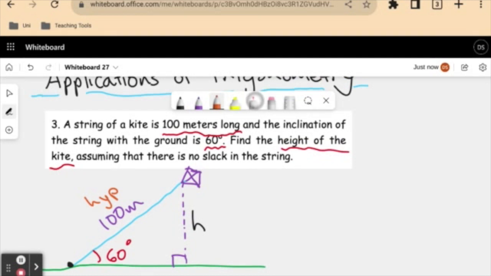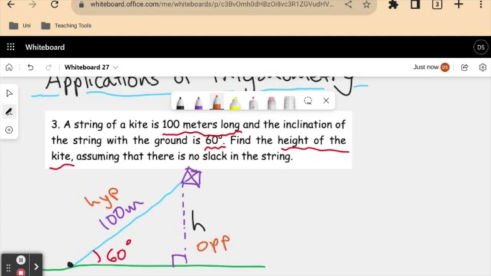In relation to this angle of inclination, the height that I'm looking for is opposite this angle. So I can write my height is my opposite side.